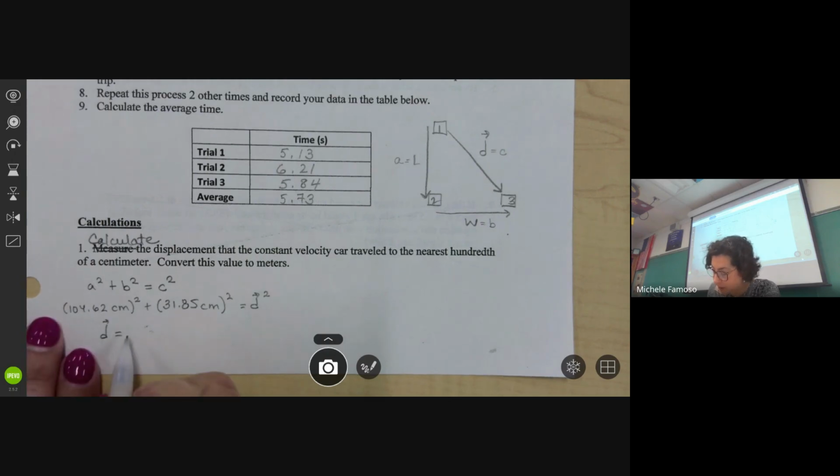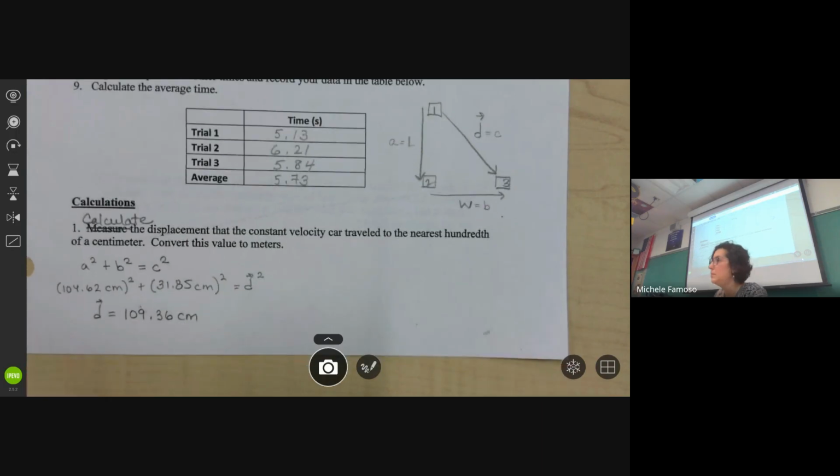You keep precision. So you should get that to the 100th place. Round it to the 100th place, whatever you and your group have.